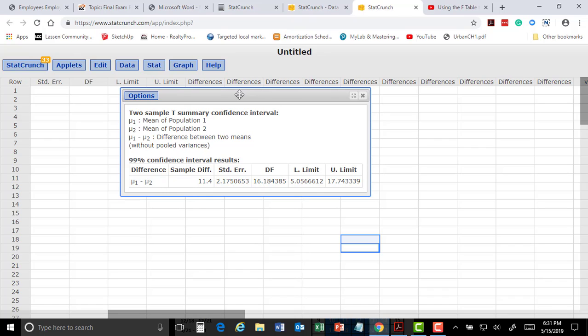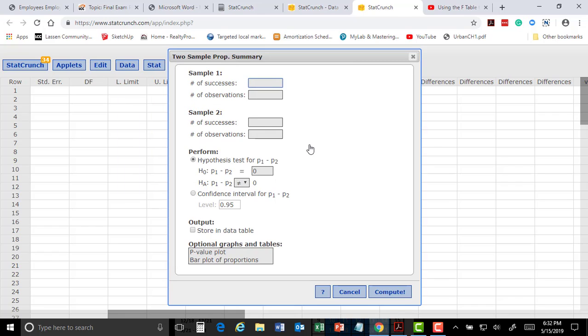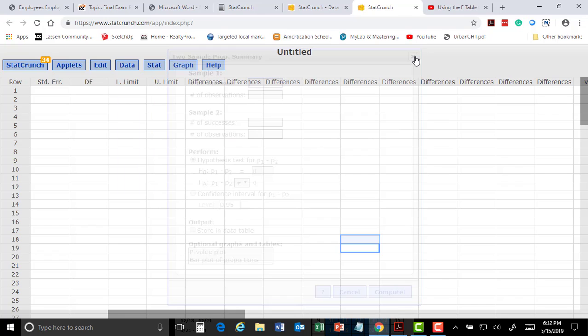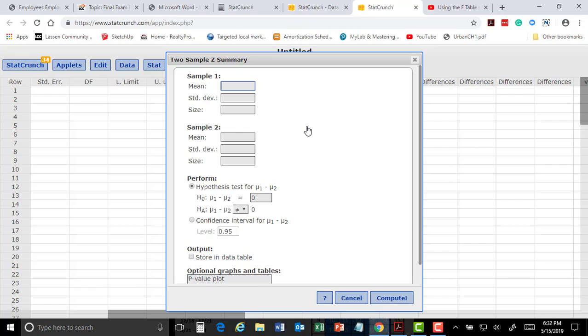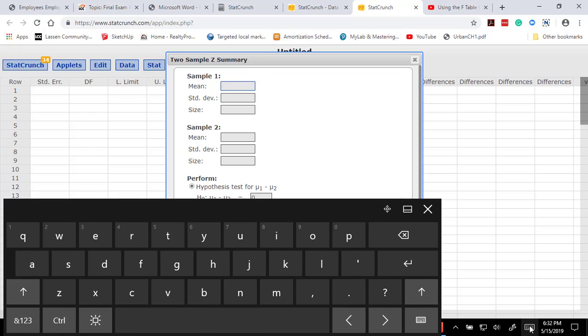It looks like B, but I'm not confident. We don't have that. What did I select? Did I select Z? Oh yeah. Okay, so that one is 75.7?